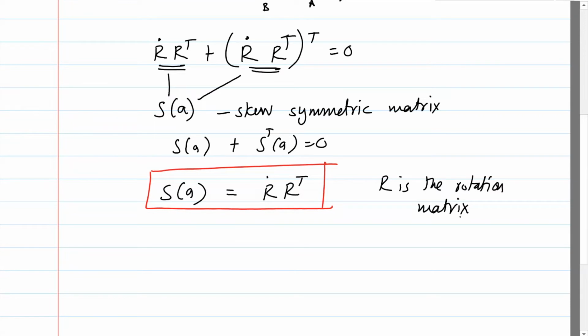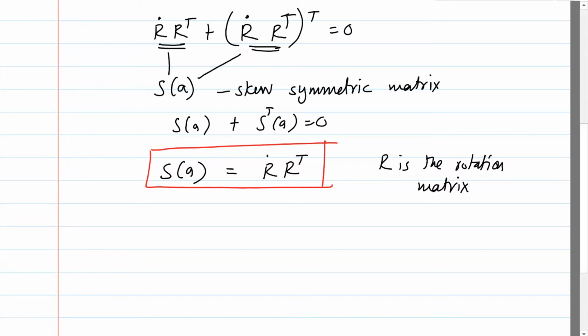Okay, now let's do the following. We can rewrite this as S of A equals R dot R transpose.